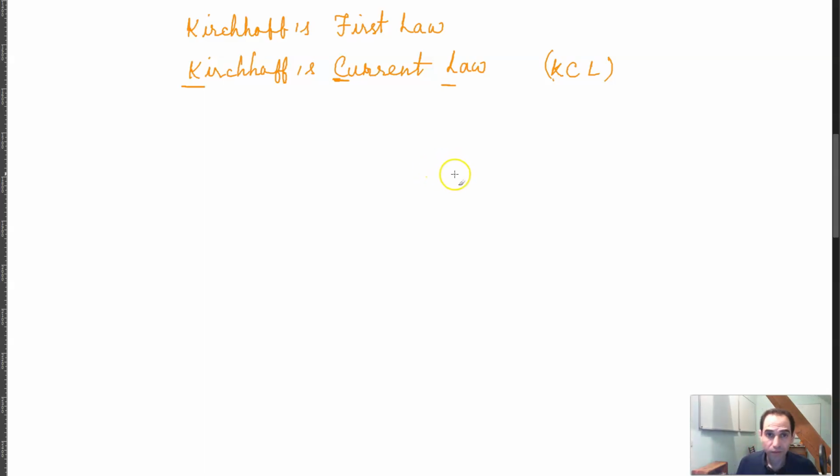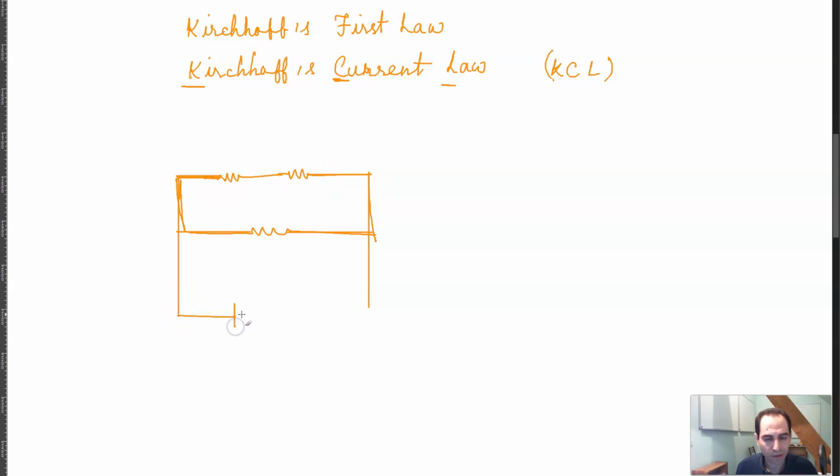So what this KCL means is that, suppose that you have, for example, a simple circuit like this. You have two resistors connected in parallel to another resistor, and the whole thing is connected to a power supply. This power supply is positive, negative.